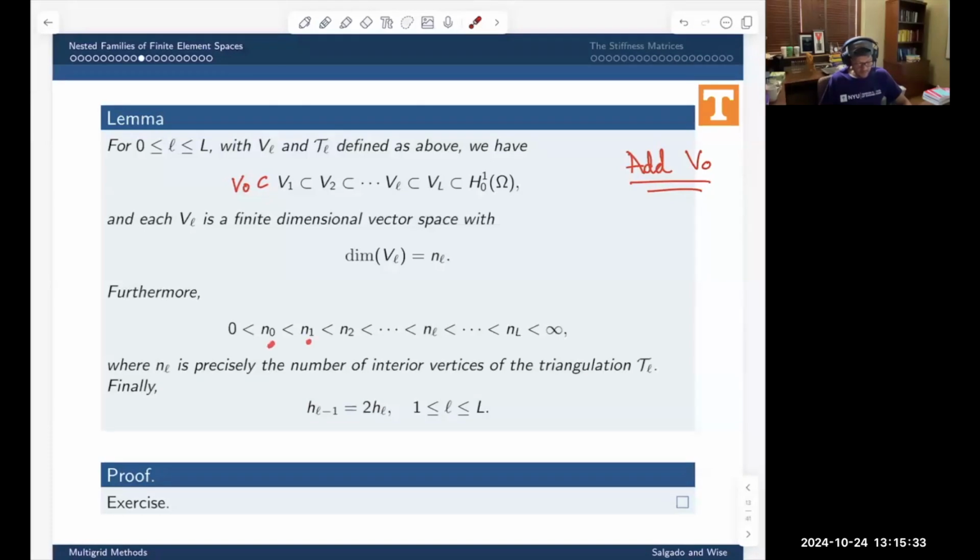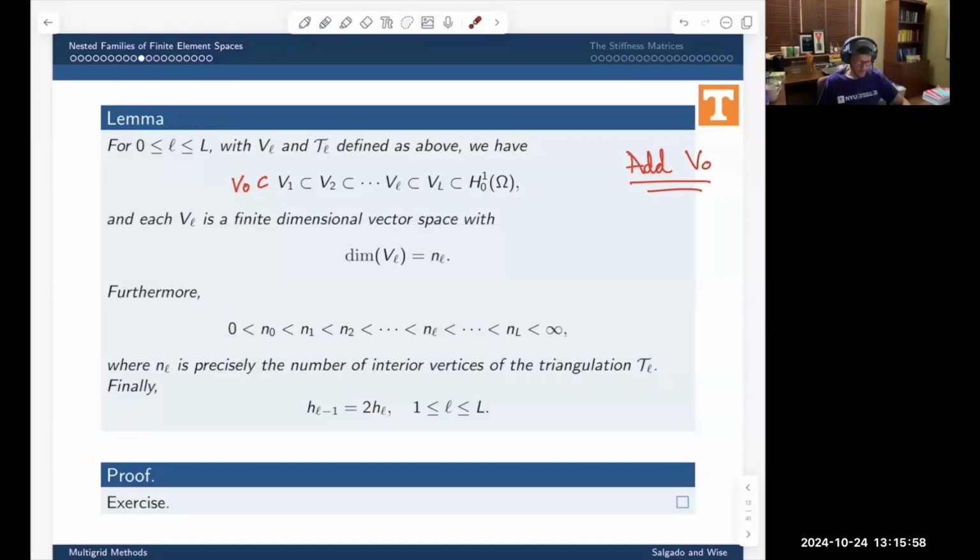N1 has to be strictly bigger than N0, which is strictly less than N2, and so on, all the way up to the finest level. Our finest level is always designated by a capital L. And just a reminder, N_L is precisely the number of interior vertices of the triangulation.